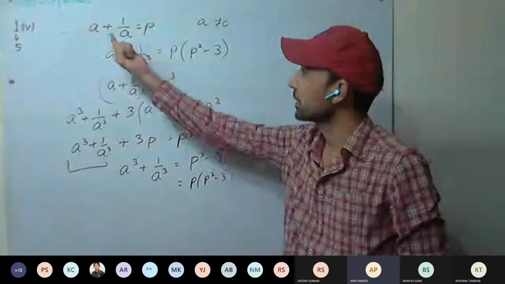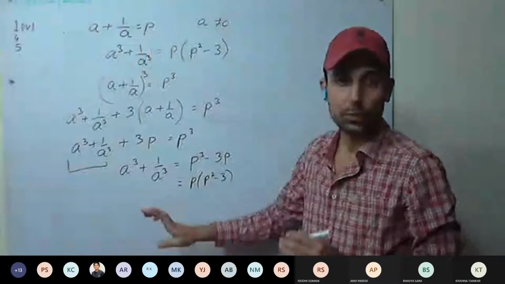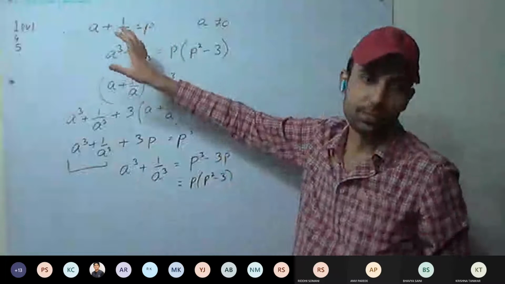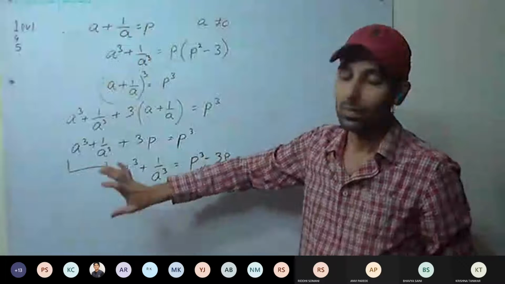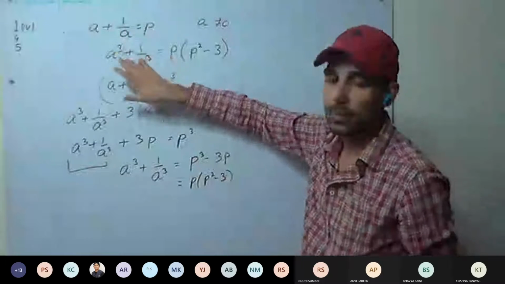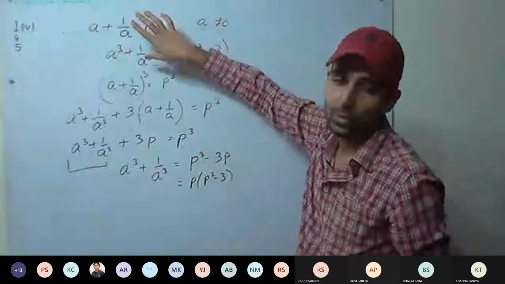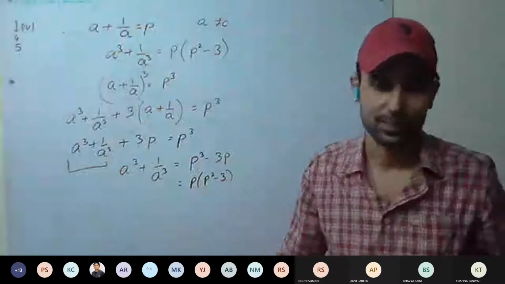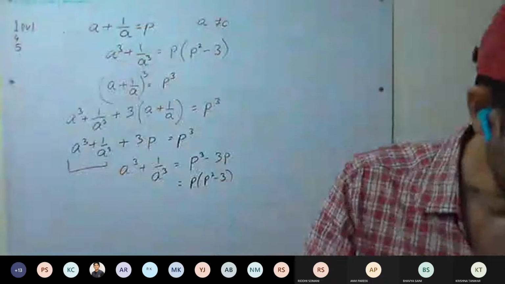It was very easy. Just expand, you have to do the expansion. There is nothing other than this identity we could apply here. So whenever such questions are given, it means the cube identity we have to apply. Nothing else. Okay, this is clear.